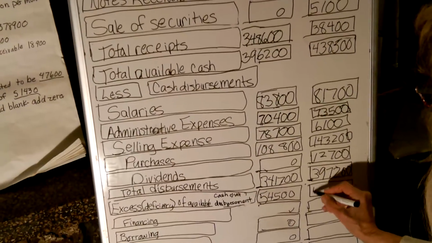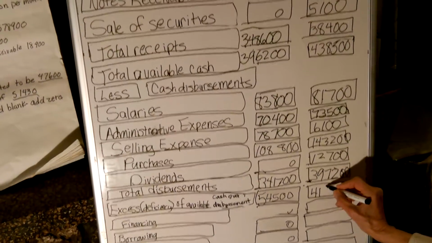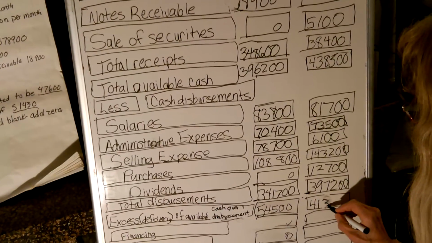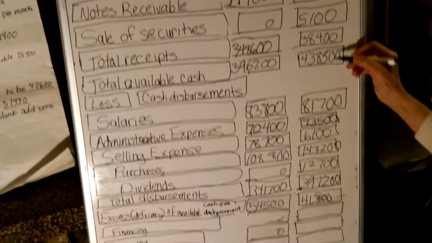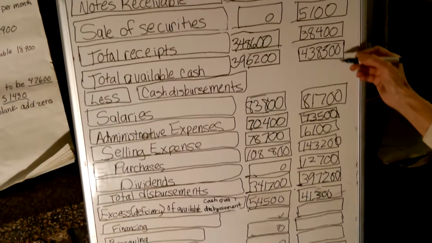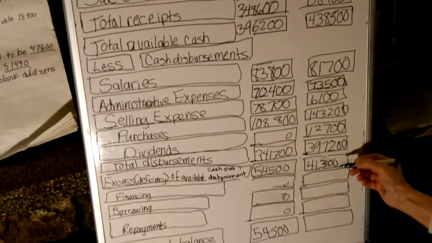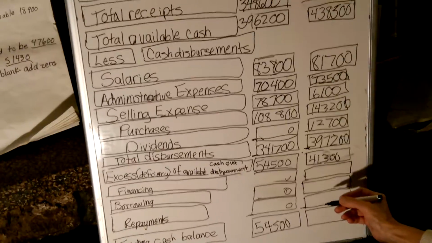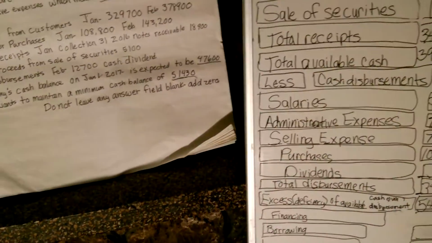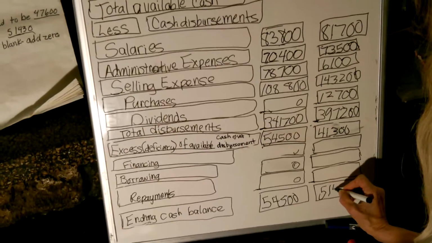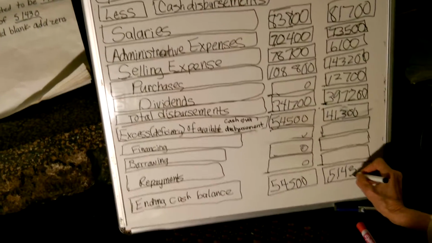And then I'm going to take this away from this, and we're going to have 41,300, the difference between the total receipts and the total disbursements. And then we come back over here and they want it to be 51,430. Well, it's not, so we're going to put 51,430 down here.